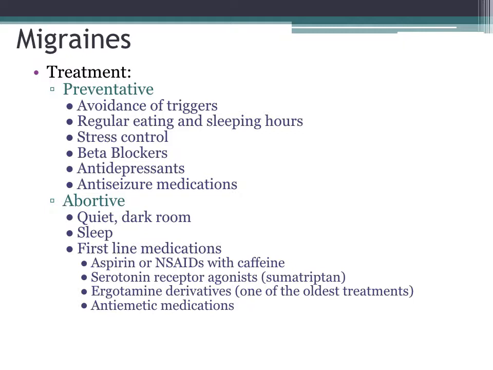The book talked about the fact that because of the nausea and vomiting, having other ways of taking these medications, like intranasal treatments, are often better for people than other routes. One of the things I also wanted to mention, for some people it becomes so severe that ERs will have a migraine cocktail that they give people with severe migraines.